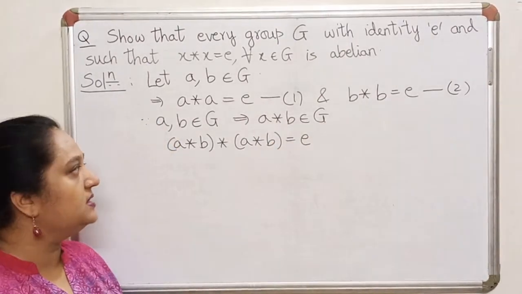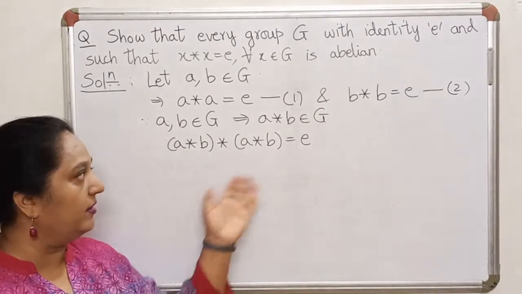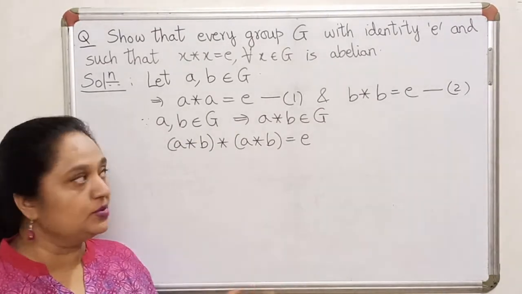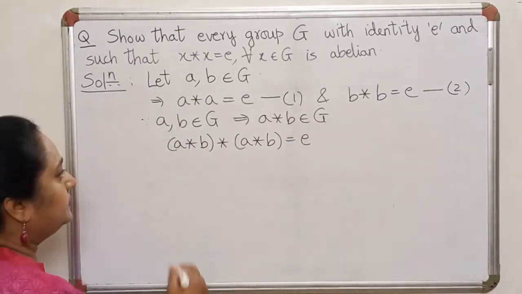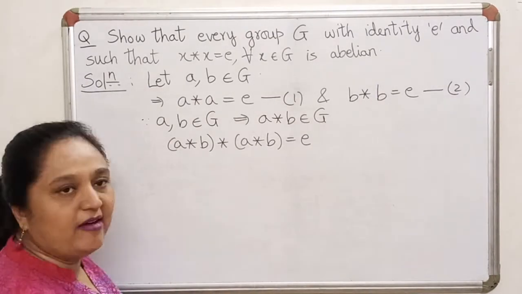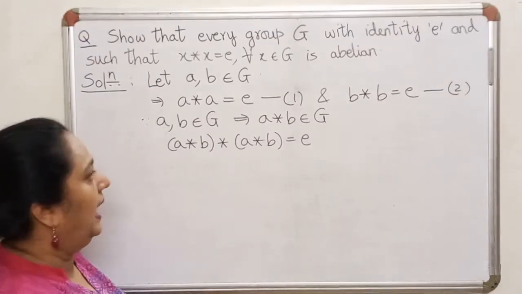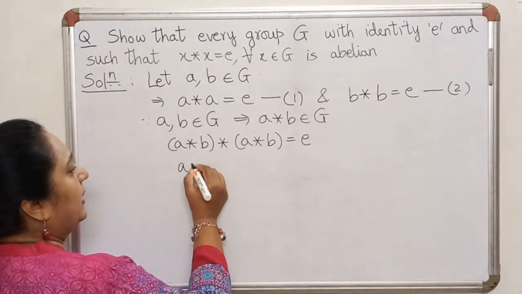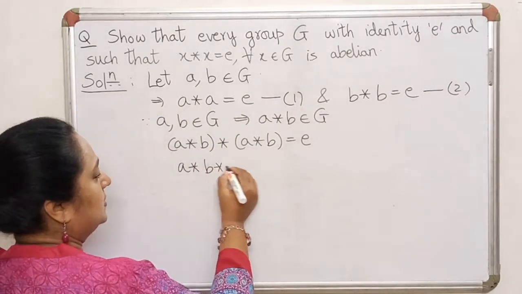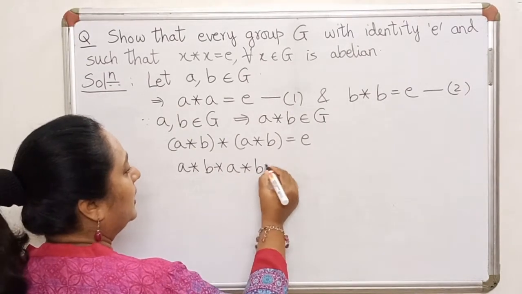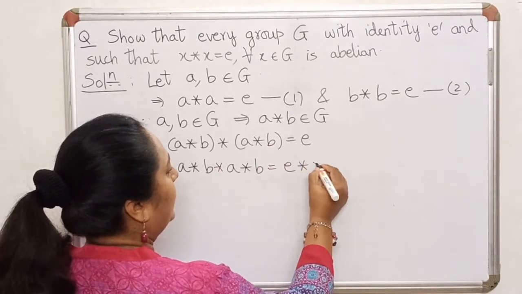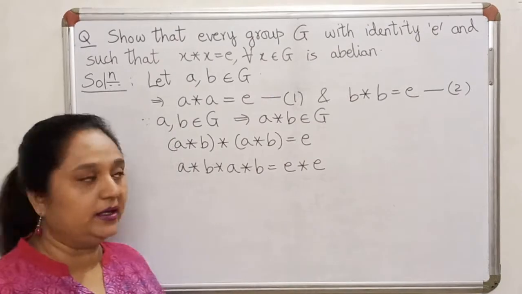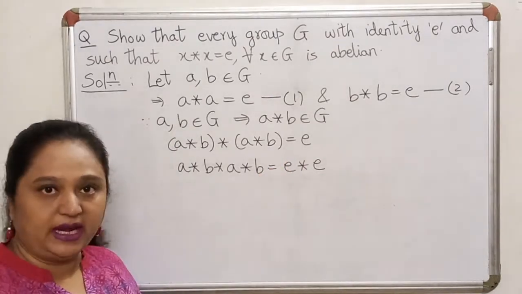And now it's just a question of some clever arrangement of the terms to get to the result. Since I have the associative property, ultimately by a lot of simplification on the left hand side, I can do away with the brackets, and on the right hand side I can write E star E, because identity combined with any element will give me that element.